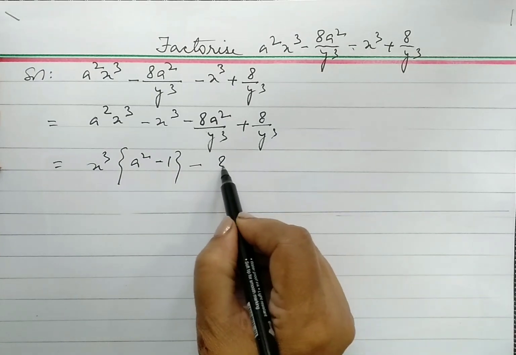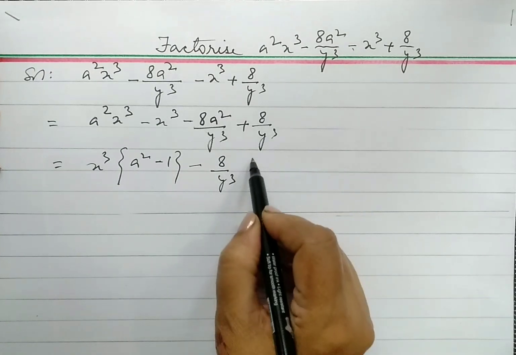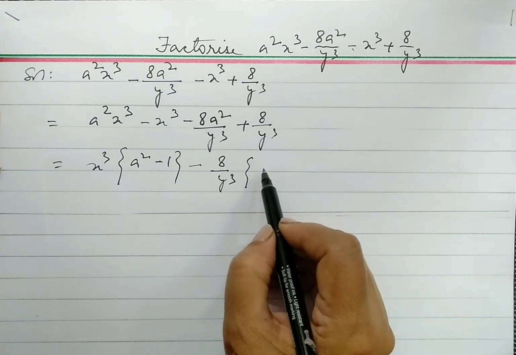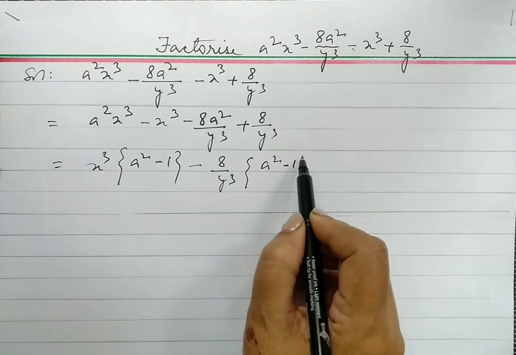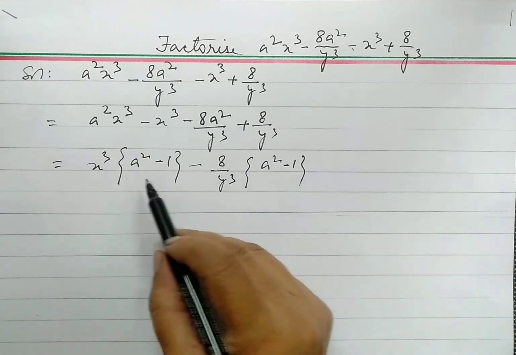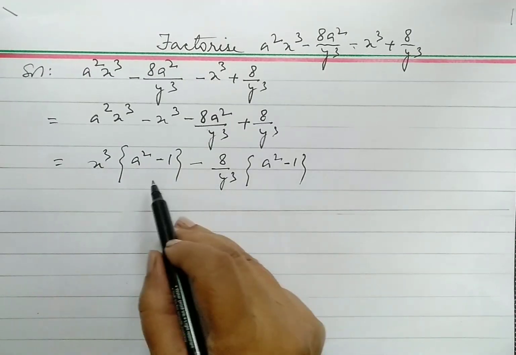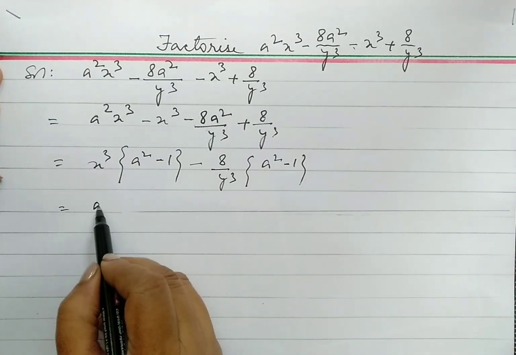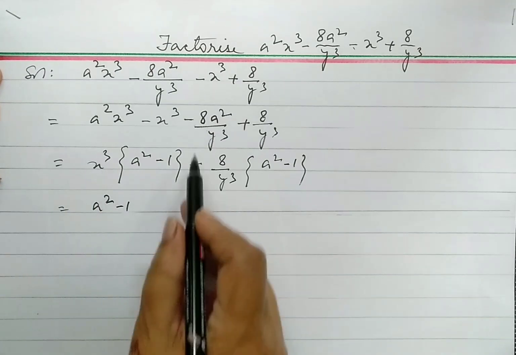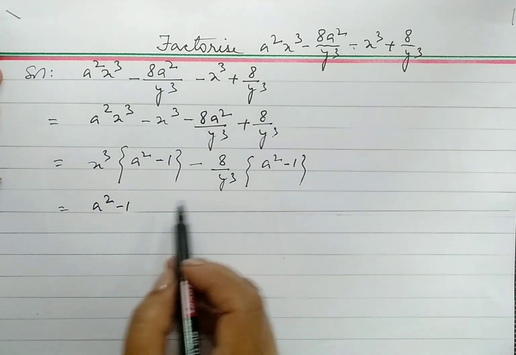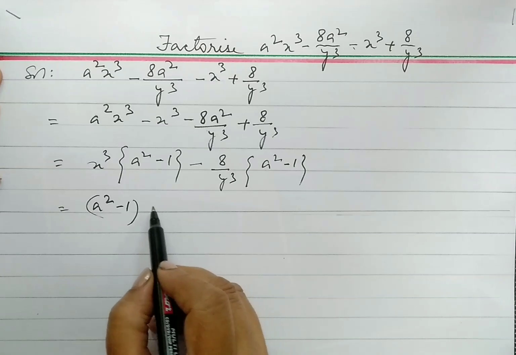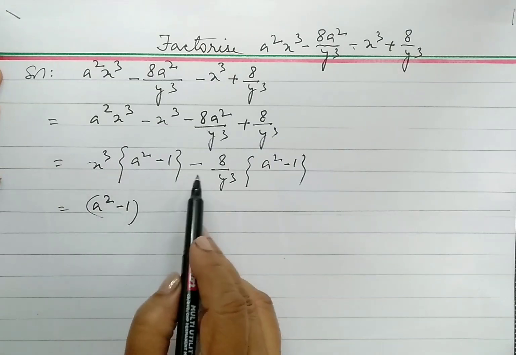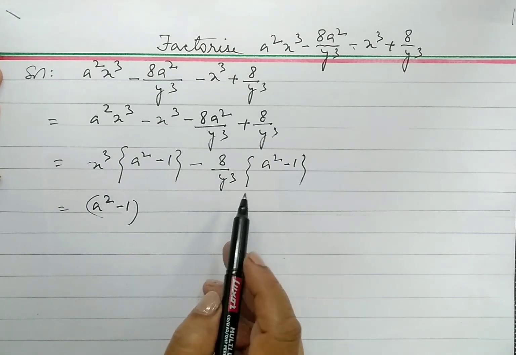So can we take 8 upon y cube as common, and we therefore get over here a square minus 1. Now this seems very conducive because we have these as common. So let's bring down the common part of both the boxes. This is one box, this is another box. And what is left here is x cube minus 8 upon y cube.